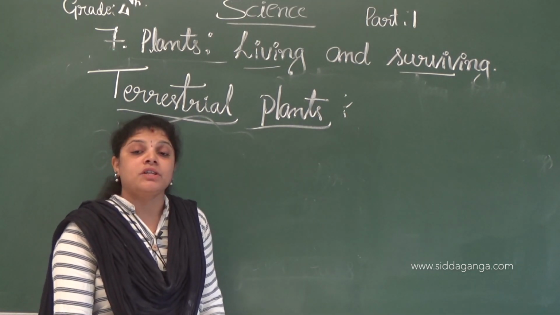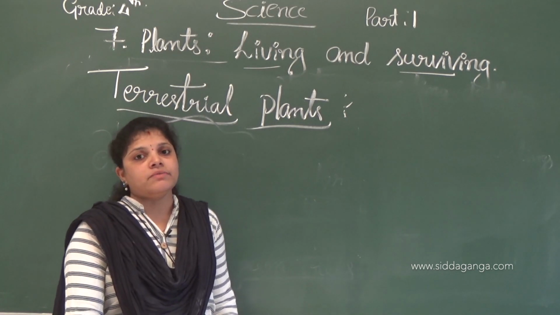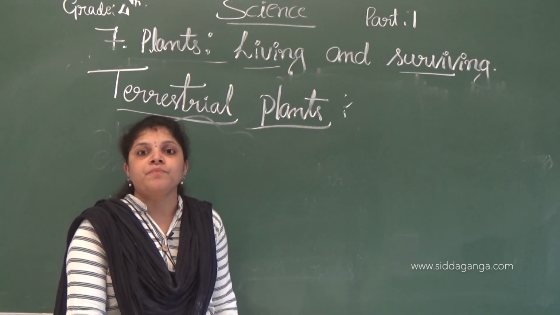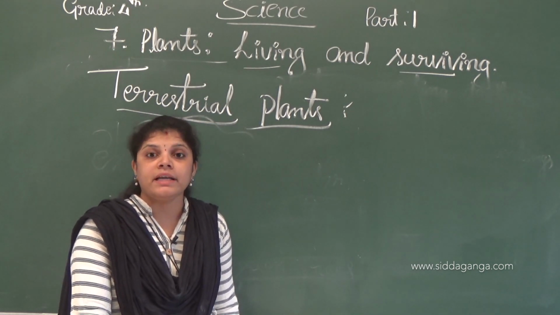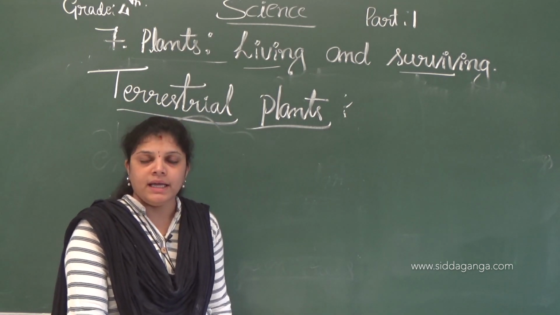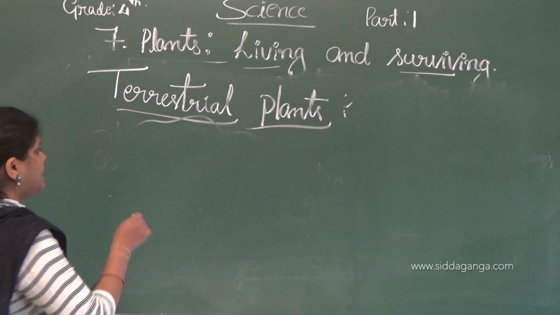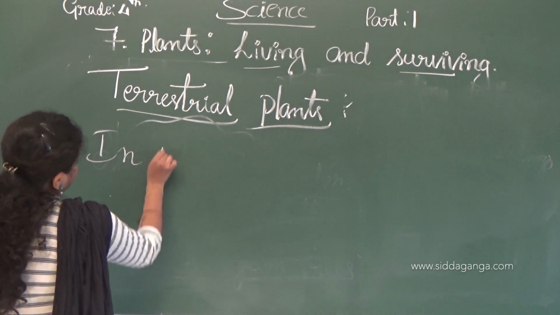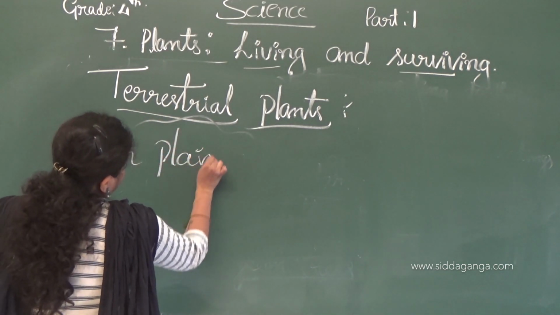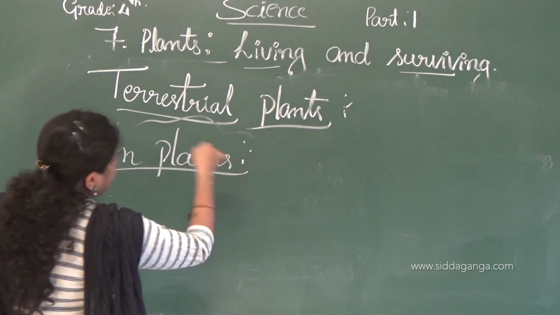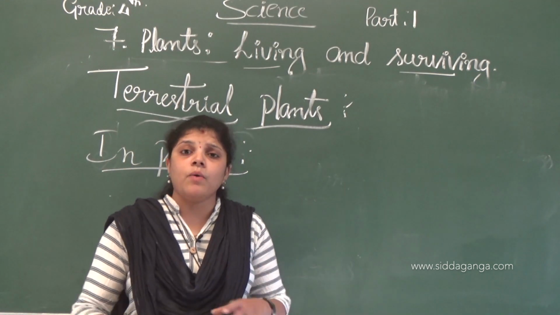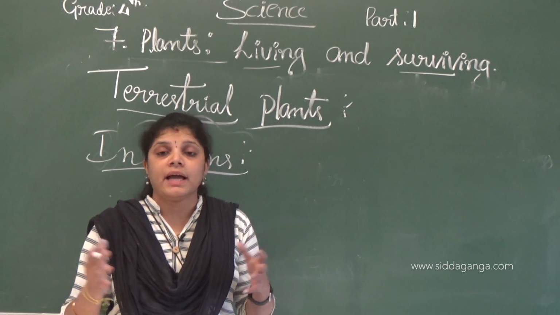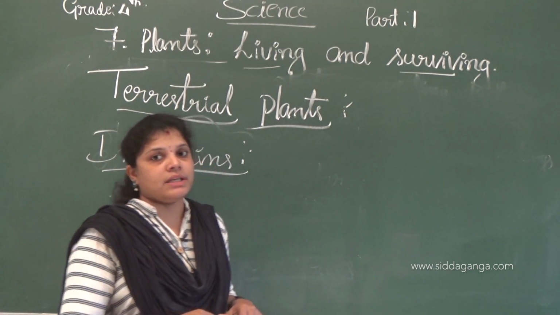They carry the leaves throughout the year, so that's why we call these hilly area or cold area trees evergreen trees. Okay, next is about plains. In plains, normally these trees have a lot of branches.